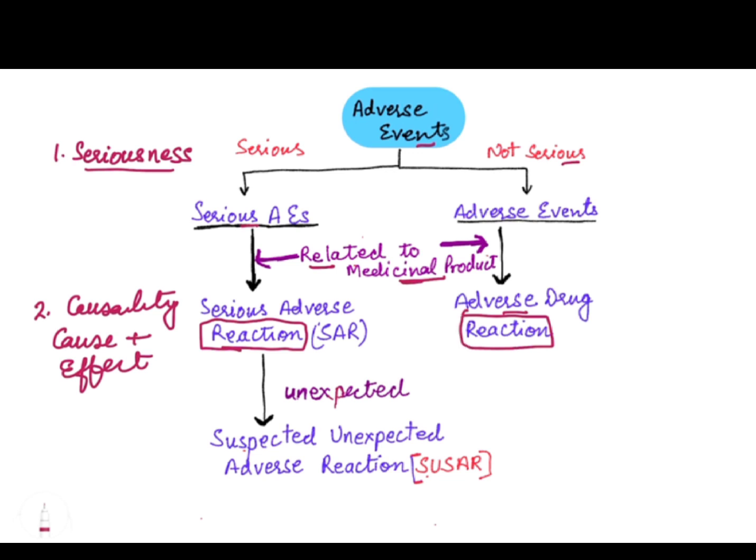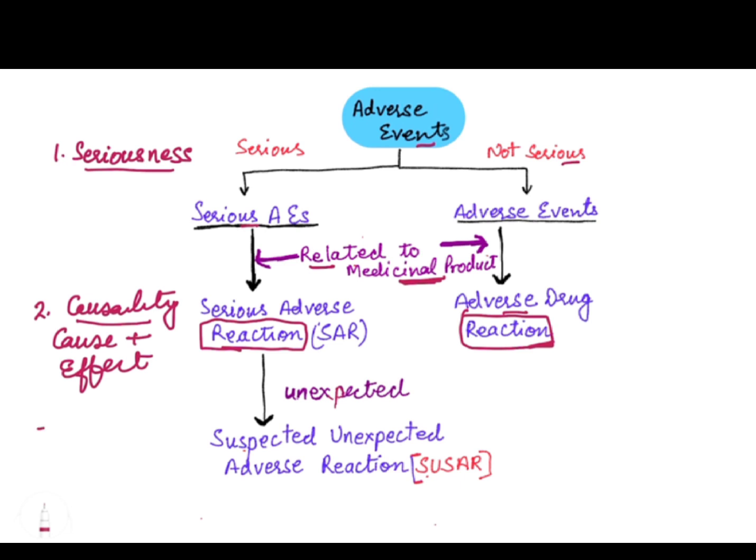But this will be known as an adverse drug reaction. So it is not serious, but in both cases it is related to your medicinal product. So you assess the causality, cause and effect. Cause is the medicinal product, effect is the accident that has happened. This is mostly done by two people. One is the investigator who gives their opinion, second is on the sponsor side the medical monitor who adds their inputs.